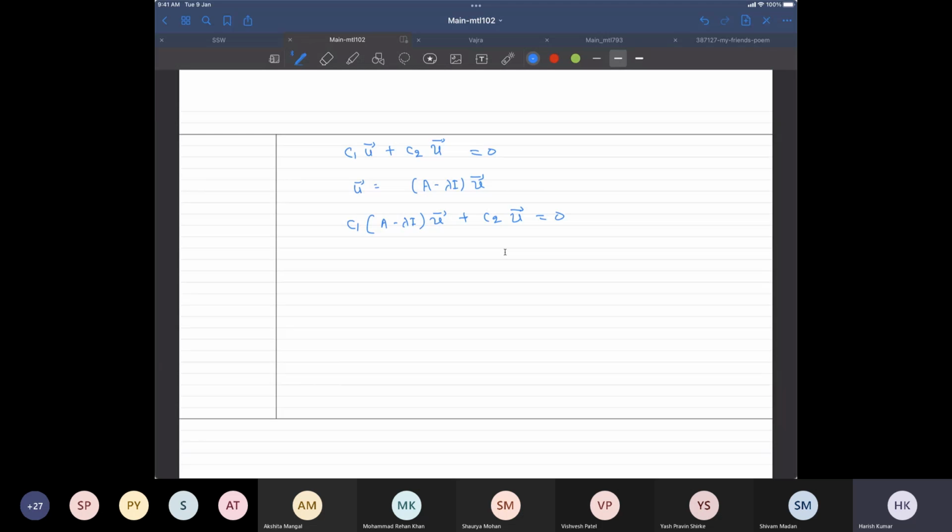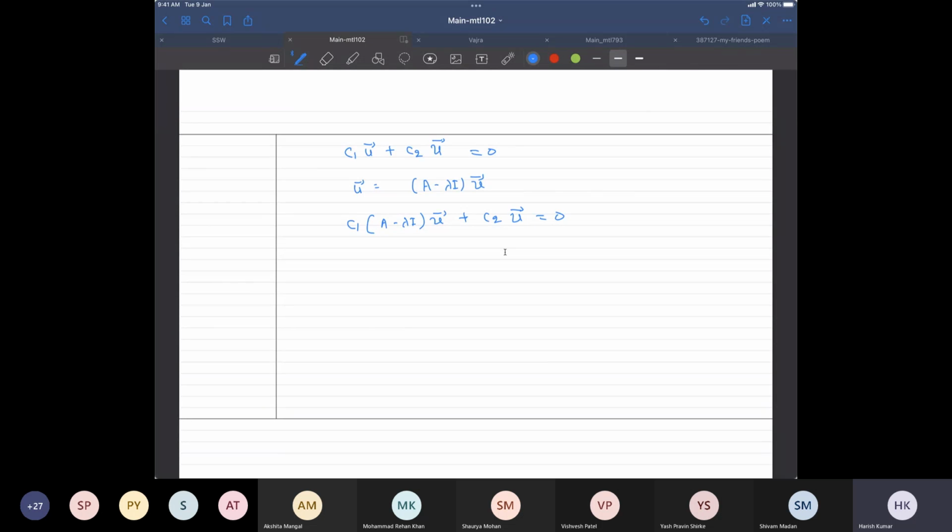Now the proof has to be in such a way that you can generalize it to the n case, otherwise you have to modify the proof a little bit. So in keeping with that spirit, we are not going to exploit that we are in R2. We are still going to write a proof in such a way that if you have n generalized eigenvectors, then you can repeat the proof.